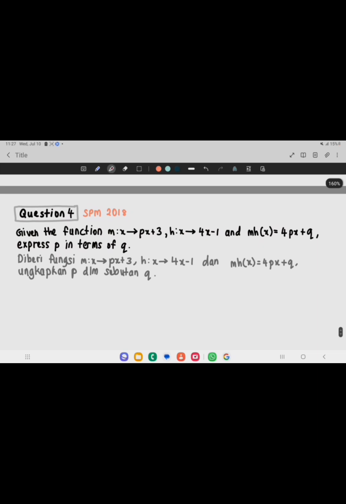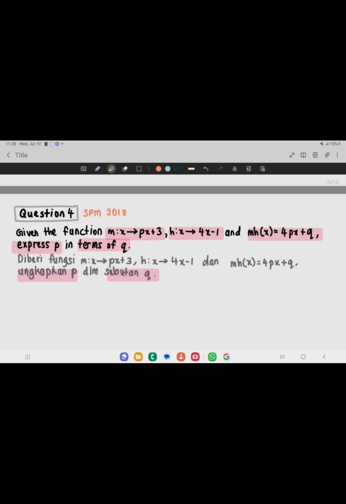This question I take from the 2018 SPM paper. Given the function mx plus 3, given the h function, given a composite function, now express p in terms of q. Ungkapkan p dalam sebutan q.